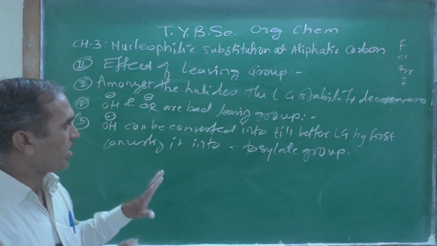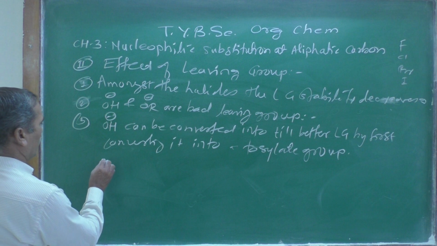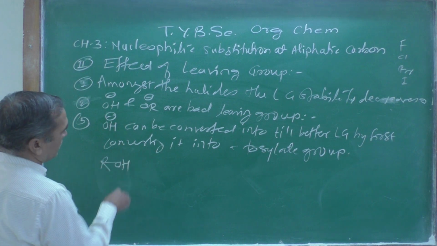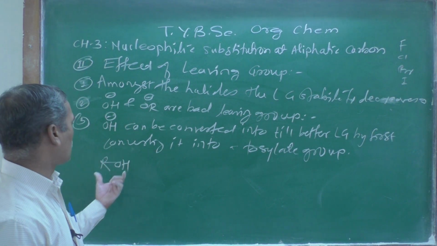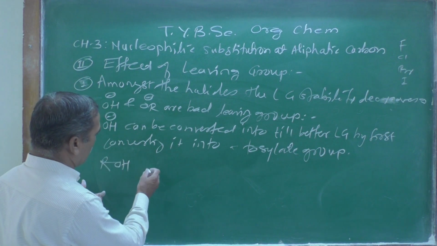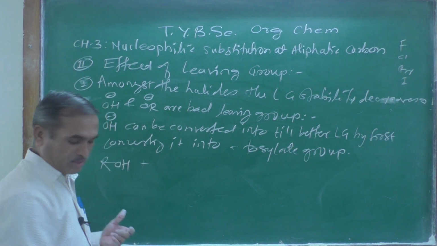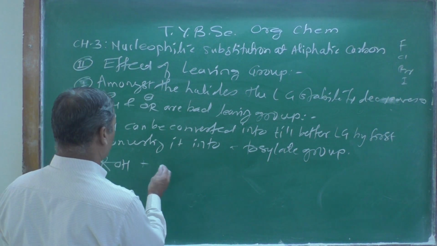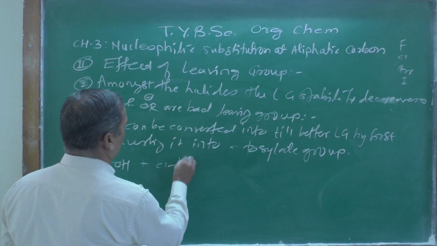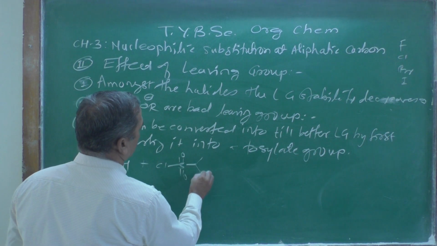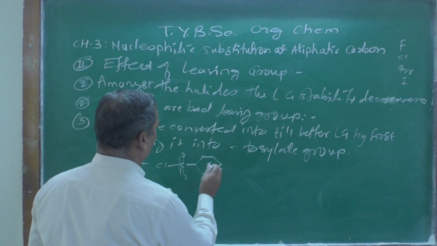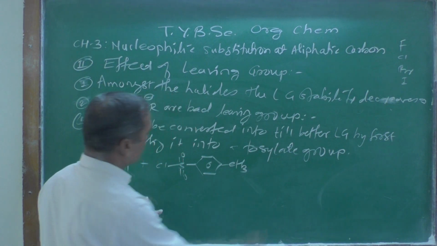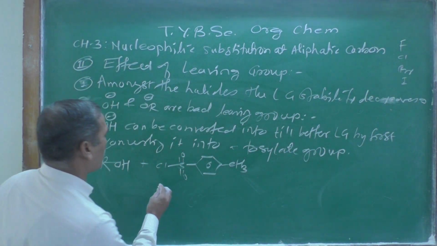Now let us look at the general ROH, an alcohol, that will be treated with the tosyl group. As we know, tosyl chloride is Cl, then S double bond O, with a CH3 group on the benzene ring.